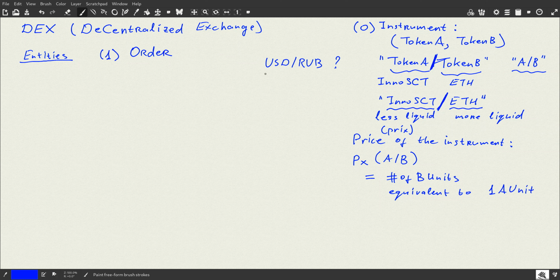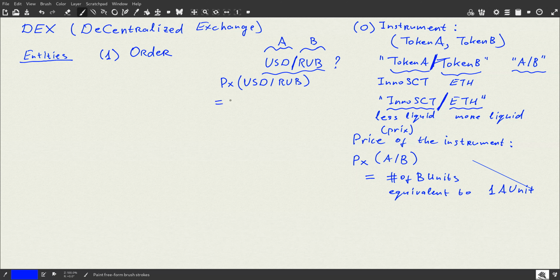So for example, exactly same story for USD ruble. Price of USD ruble, where a ruble is B and USD is A, simply because it comes first in this pair.